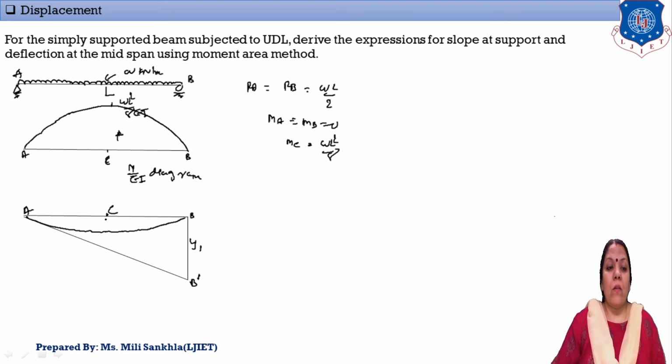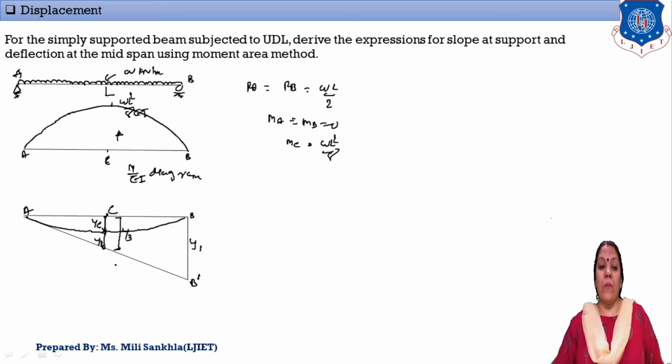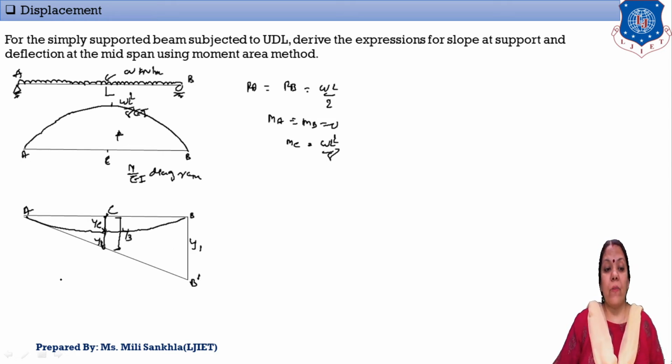This deflection is the YC we take, and this extra deflection at center point we take Y2, and the summation of YC and Y2 we take Y3. Clear? Now displacement of point B from tangent A is equal to the moment of M upon EI diagram between B to A.